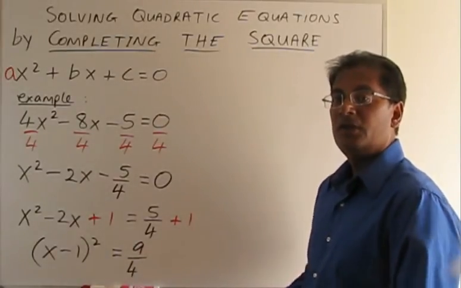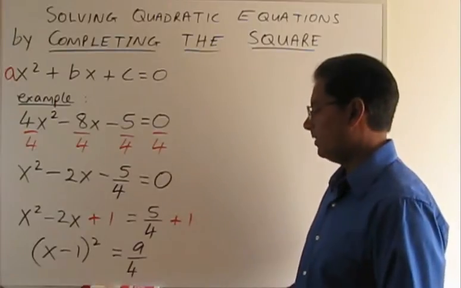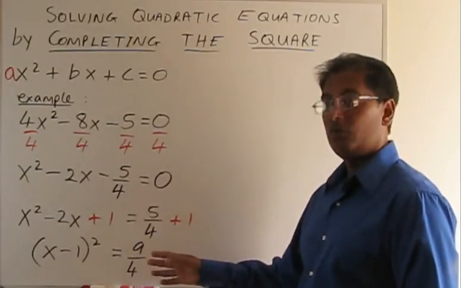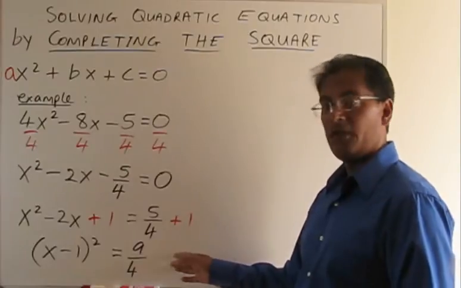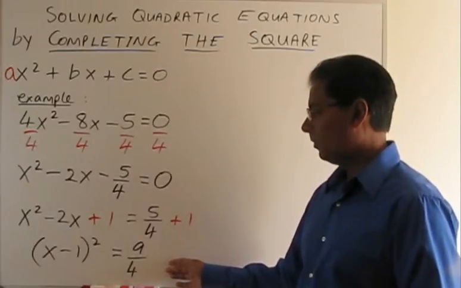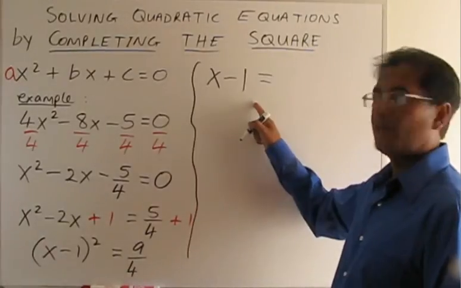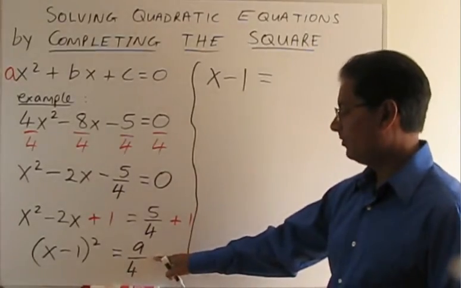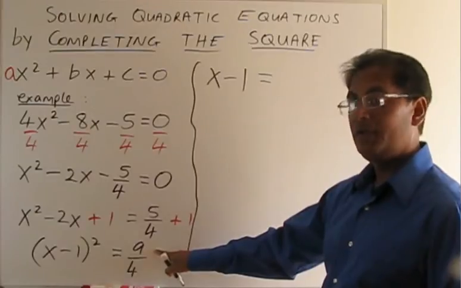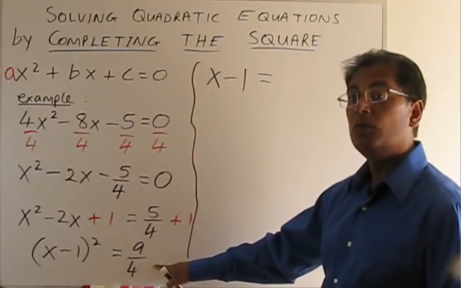Now we can use the square root property. The square root property says you can square root both sides, and the right side is going to be plus or minus that square root. So the square root of x minus 1 squared is x minus 1. The square root of 9 fourths, well, the square root of 9 is 3, and the square root of 4 is 2.